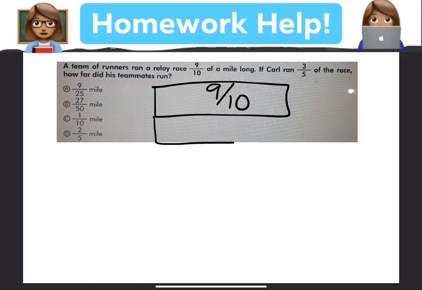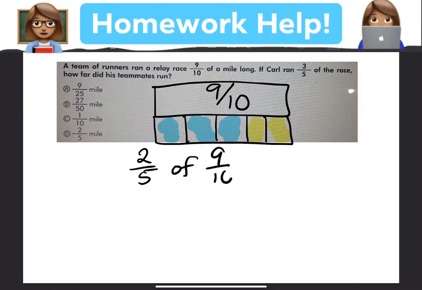So again, Carl ran this part, and his teammates ran these two parts. We want to know how much his team ran. So I want to know what is 2/5 of 9/10. Why? Because I want to know what the team ran.